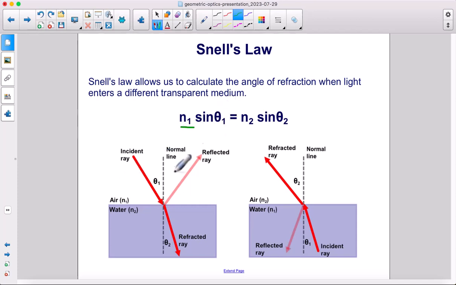Sine theta 1 would be this angle here, the angle of incidence. That has to be equal to n2, so for water that would be approximately 1.3, times sine theta 2, so that would give you the sine of the refracted angle.